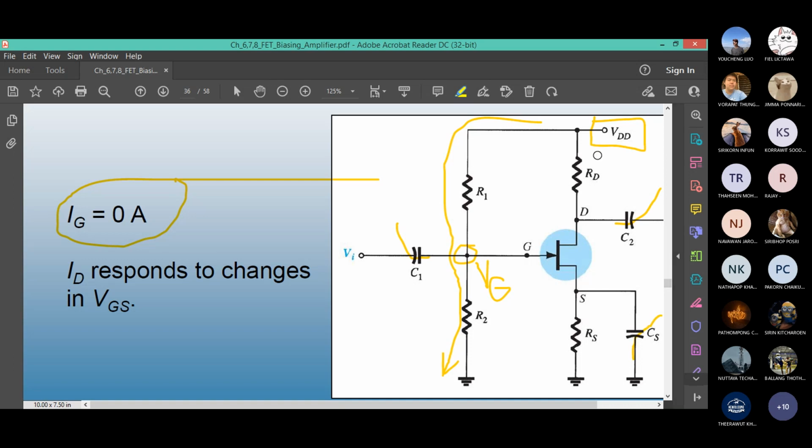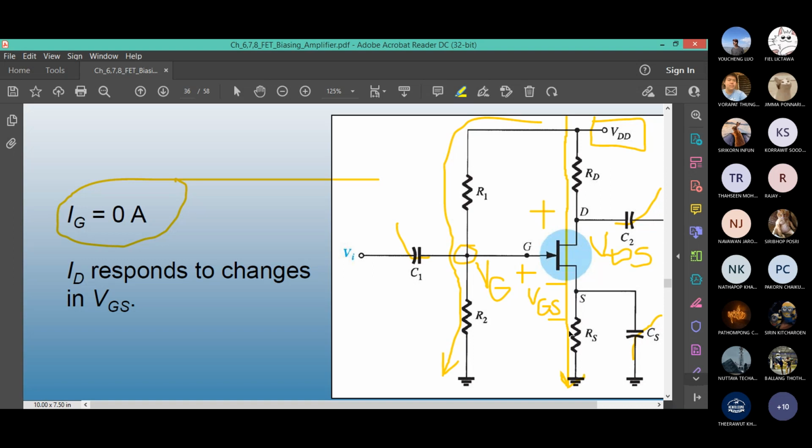Output side equation, what is that? VDD minus IDRD minus VDS minus IDRS equals 0. Let me also put plus and minus here: this is VDS, between D and S, and definitely think of plus and minus VGS.